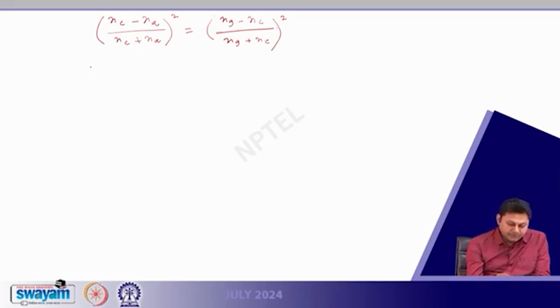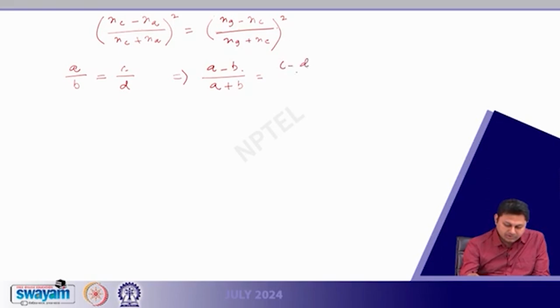Now, we know that if I write two ratios A by B is equal to C by D, then that is equivalent to (A minus B) by (A plus B) is equal to (C minus D) divided by (C plus D).